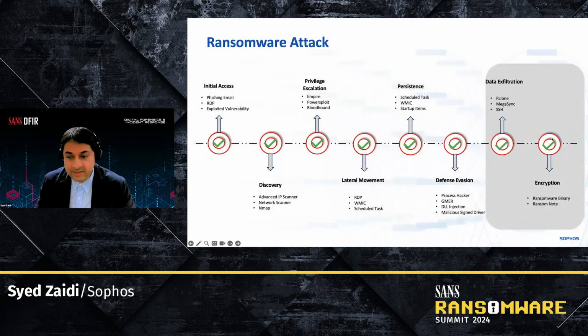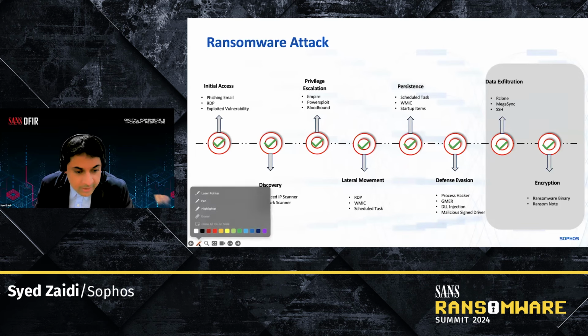Here, basically, we'll discuss how the ransomware attack looks. So once the threat actor has accomplished all their goals, they know about your network, where the data resided, they have broken your defenses. So now they will do the data exfiltration. I will use the pointer here to point this out.